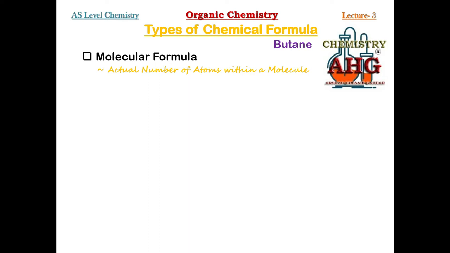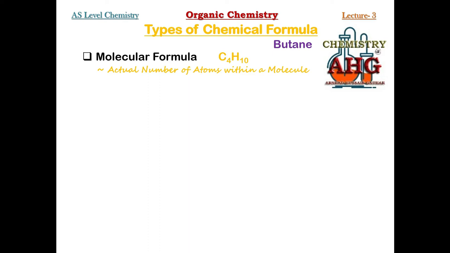So what will be the molecular formula for butane? It will be C4H10. So this is the molecular formula of butane, and you can see from this molecular formula we can identify easily how many elements are present in butane and what is the actual number of atoms of each element. So this type of formula is always known as molecular formula.